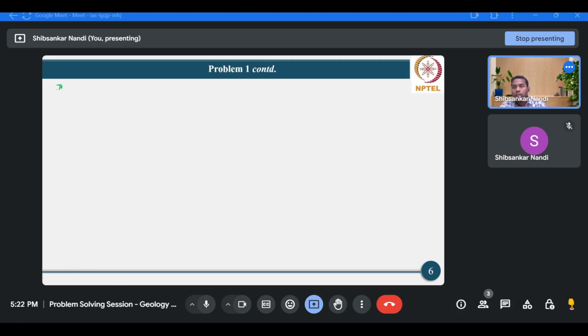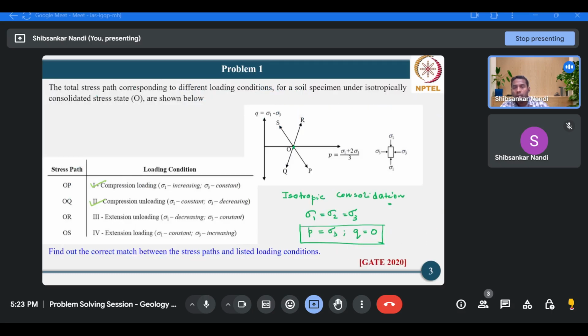So case number 2, that is compression unloading. Now what is happening in compression unloading? Your sigma 1 is constant and sigma 3 is decreasing.